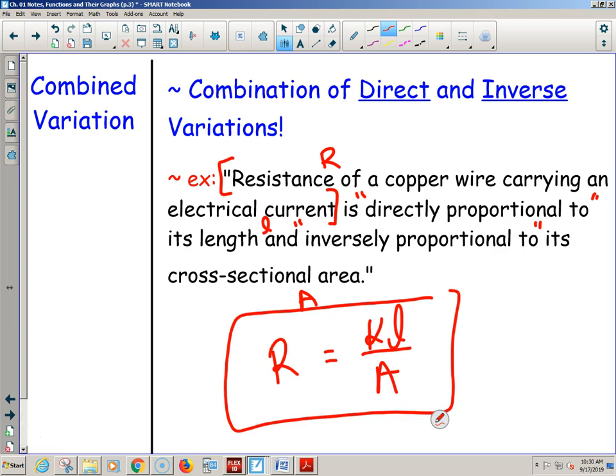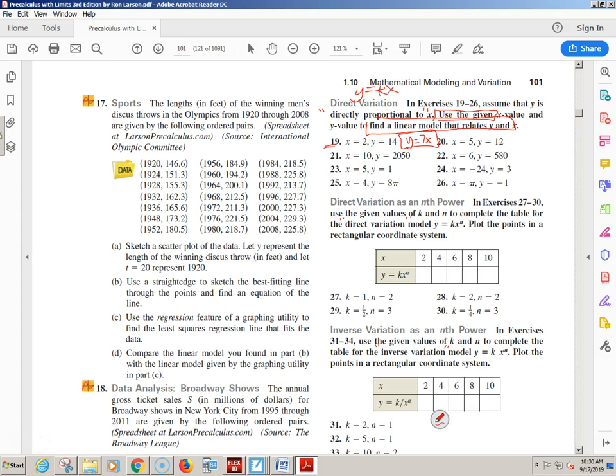Guys, we've just been practicing translating, but once again, in homework, if they start giving us clues, what are we going to start doing to the clues? Plugging into the model, finding the K, and then if they want us to, using it. Like the regressions in calculator worksheet number 2, didn't you sometimes find an equation and then use it in another part? Yes.